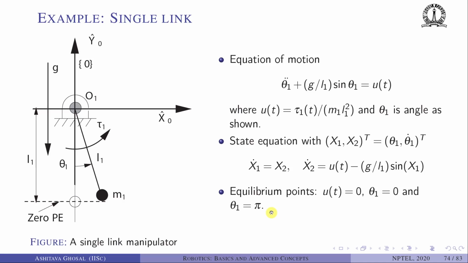So we have two equilibrium points: 0 comma 0, which means the link is hanging all the way down, and pi comma 0, when the link is vertically upwards. Vertically downwards is 0 comma 0, vertically upwards is pi comma 0.